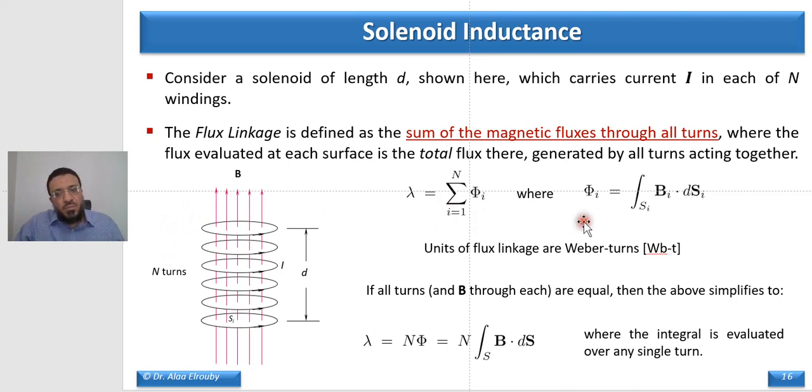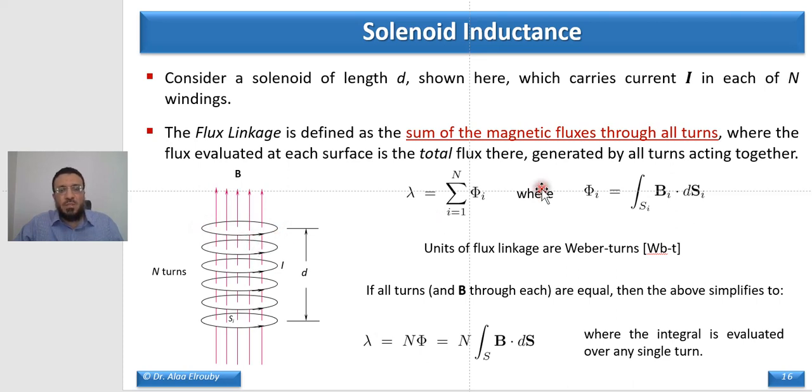Let us now talk about the linkage for the flux over one turn. It is equal to the integral of B1 dot dS, where this is the surface and this is the magnetic field. As I said, the magnetic field is parallel to the axis of the solenoid. We would like to find the linkage of this field with the solenoid turns.